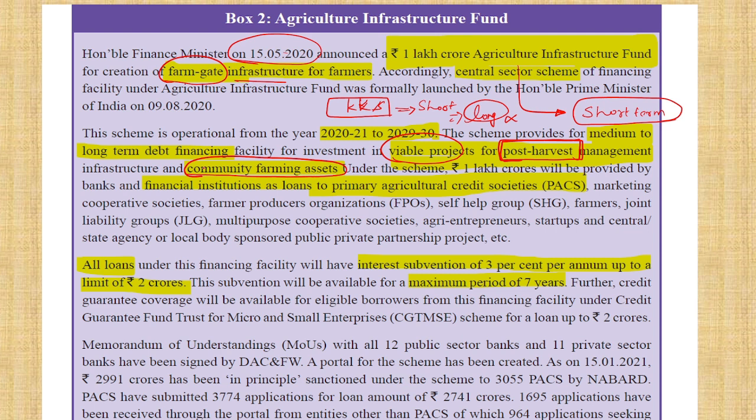For storage purposes, many are getting wasted, right? For storage purposes, they are creating this loan, and who are they giving it to? Cooperative societies, farmer produce organizations, self-help groups, farmers. Everyone they are giving, but it should be a post harvest community farming asset or for infrastructure purposes. This is not a short term loan. They will ask this key thing.